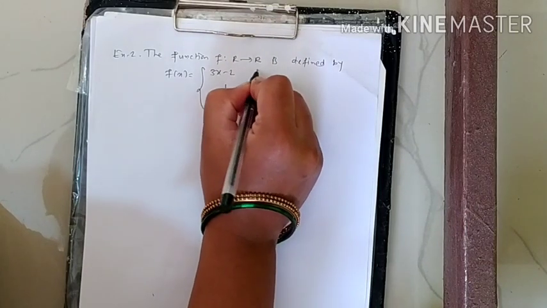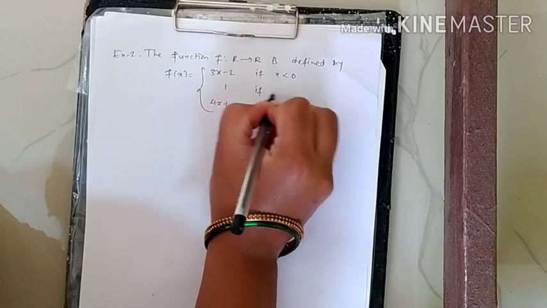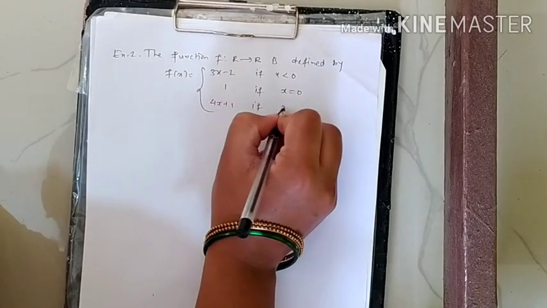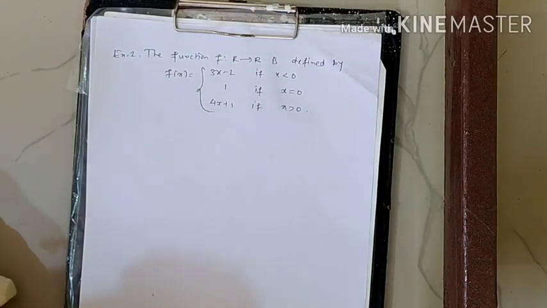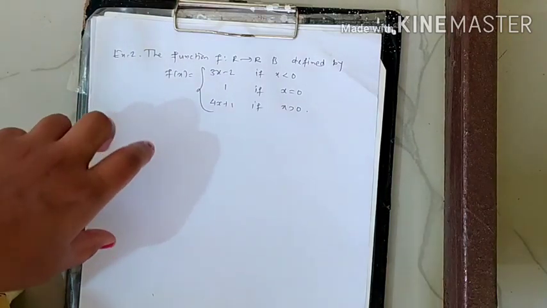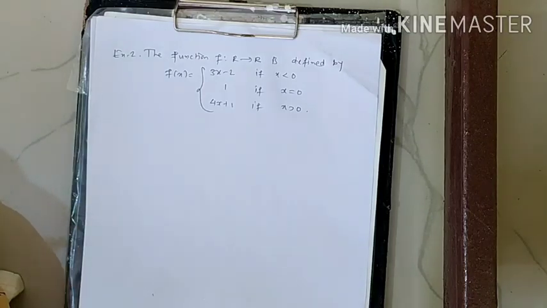Here the condition is if x is less than 0, if x is equal to 0 and if x is greater than 0. Now student, first time you are observing this function, means every time we are seeing a function as a linear equation or quadratic equation or cubic, whatever, but only one expression is there for the function.